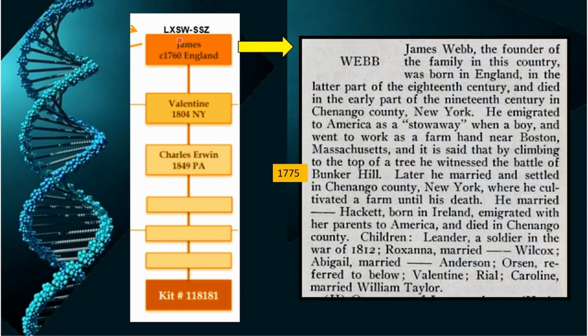looking for where there's any information on this guy, there was an article in a book, Pioneers of Northern Pennsylvania. Because it turns out even though James and Valentine were born and lived mostly in the New York area, a lot of Valentine's sons and a lot of the other family all went into Pennsylvania and were prominent.